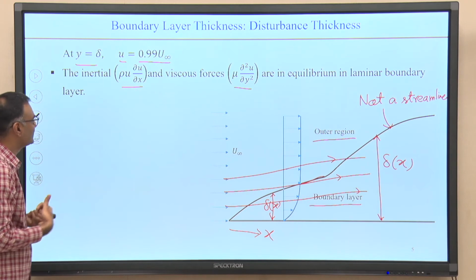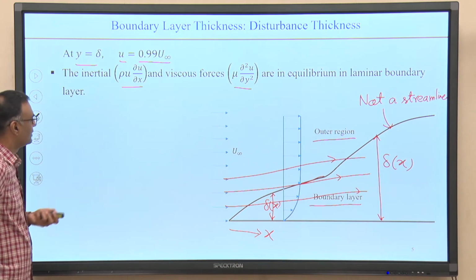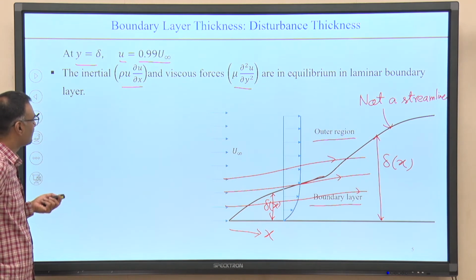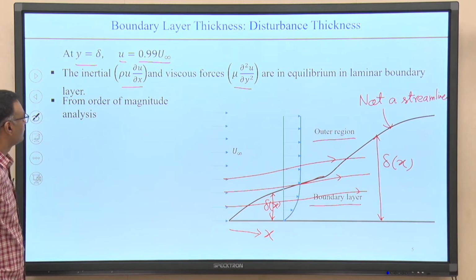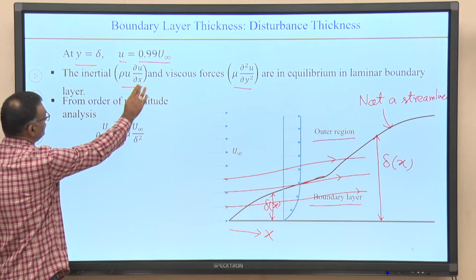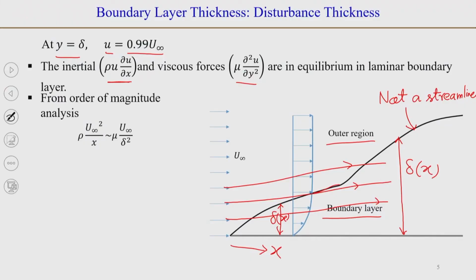So, by considering the equilibrium of the two, we can do an order of magnitude analysis to find out this delta. So, the inertial term, let us say rho u dou u by dou x, we can write this in terms of rho, and u we can scale as u infinity, because u infinity is the velocity at the end of the boundary layer, or at the interface between the boundary layer and the outer region.